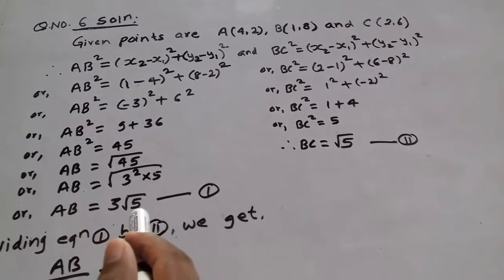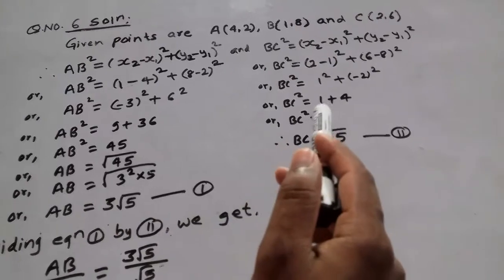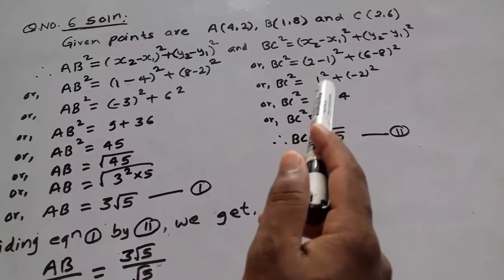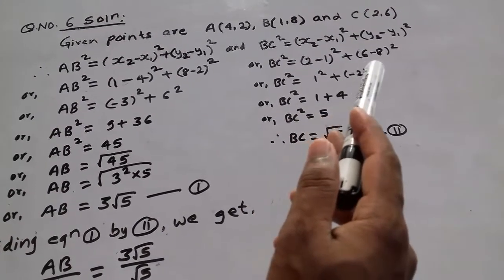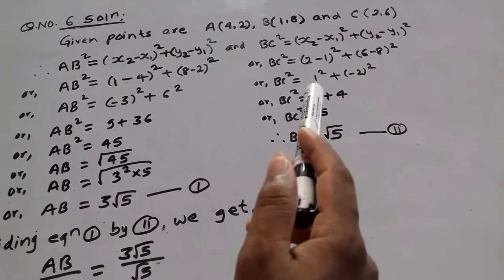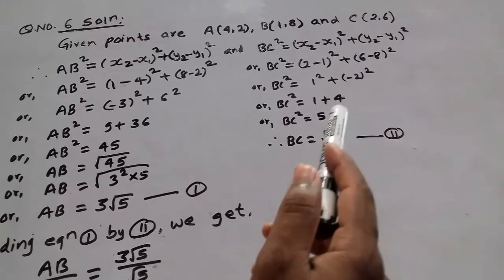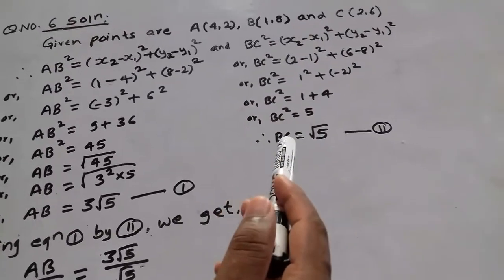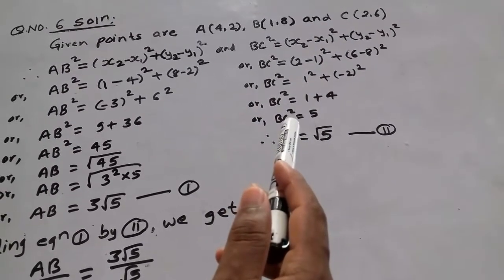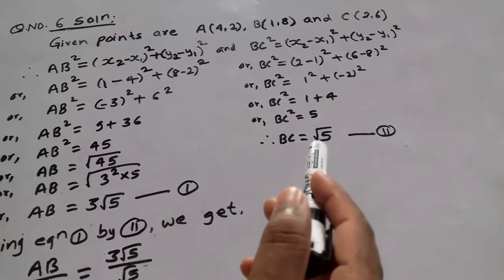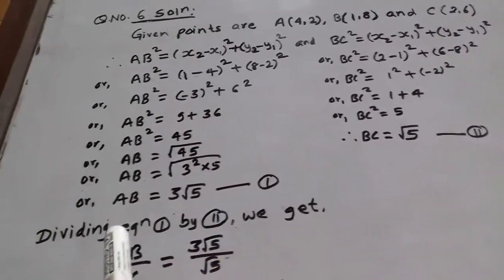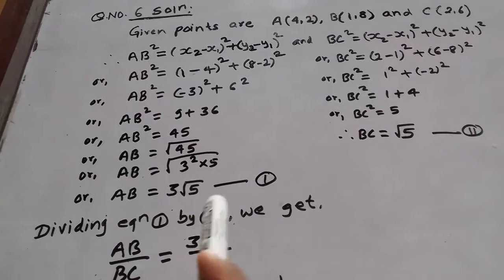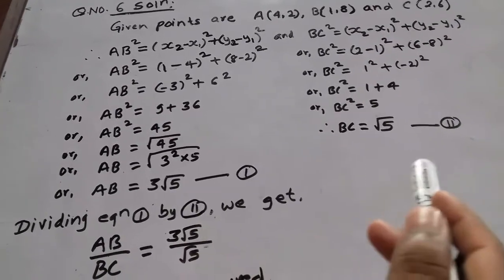This becomes 3 root 5. On this side, 2 minus 1 is 1, then 6 minus 8 is minus 2, and 1 square is 1, minus 2 square is 4. 1 plus 4 is 5. Then BC equals root 5, when the square is taken to the other side it becomes a root. Then we have divided equation 1 by equation 2.